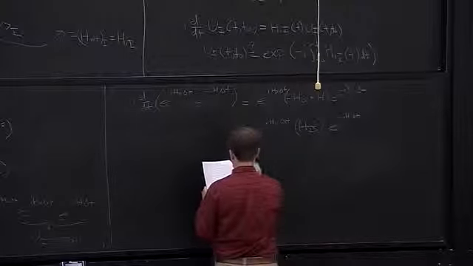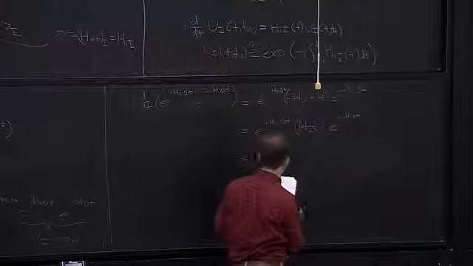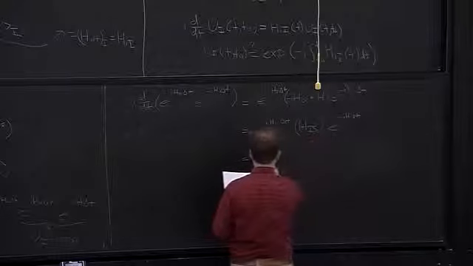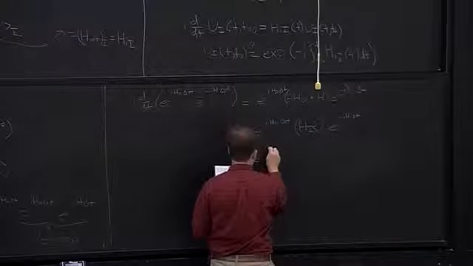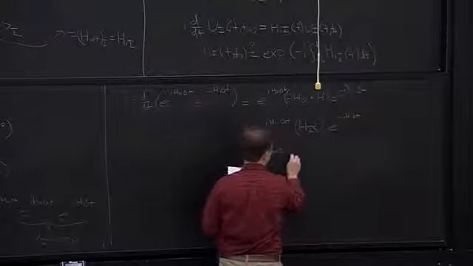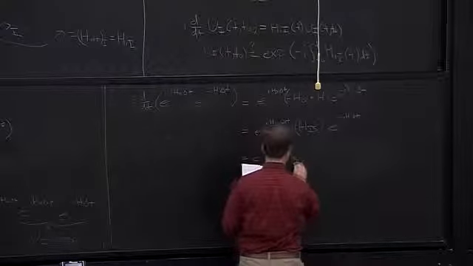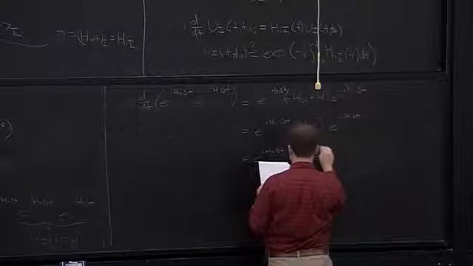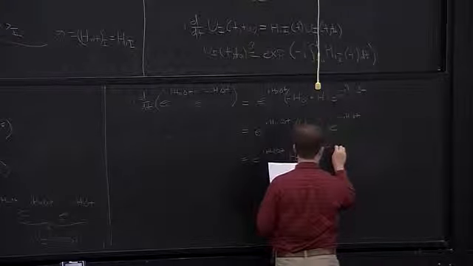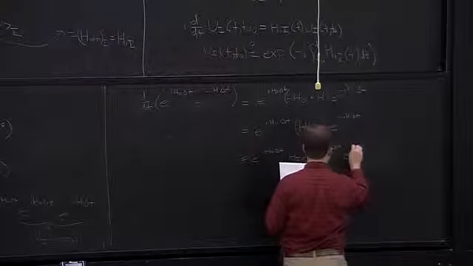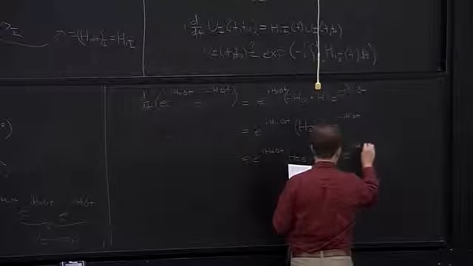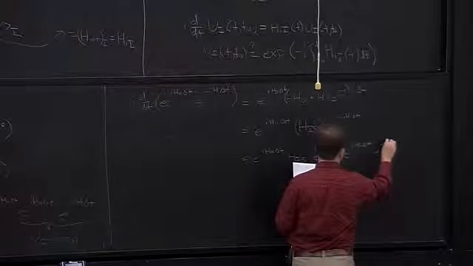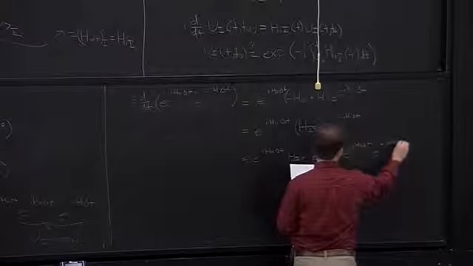And in this last line, we can again insert the identity here to get e to the i H naught delta t, H_I^S, e to the minus i H naught delta t, e to the plus i H naught delta t, e to the minus i H delta t.